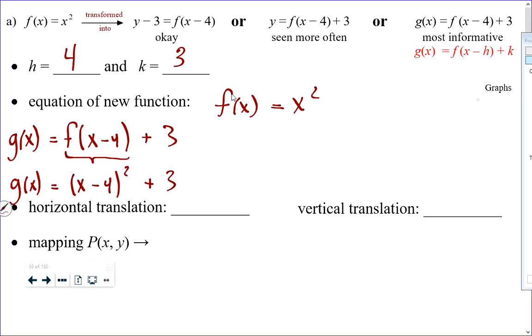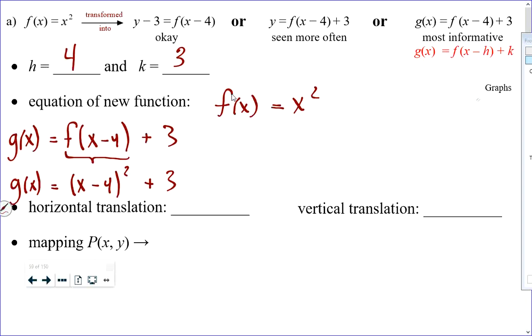The f of means we're going to replace x in the original function with x minus h, in this case x minus 4. So this is the equation of the new function. Any questions with that?